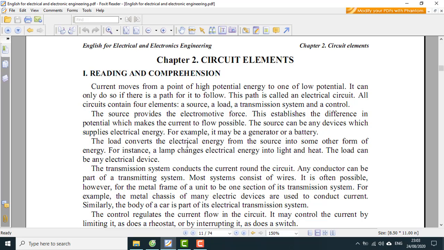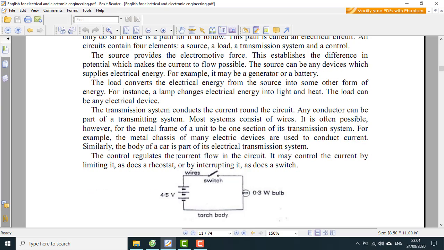The load converts the electrical energy from the source into some other form of energy. For instance, a lamp changes electrical energy into light and heat. The load can be any electrical device. The transmission system conducts the current round the circuit. Any conductor can be part of a transmission system.